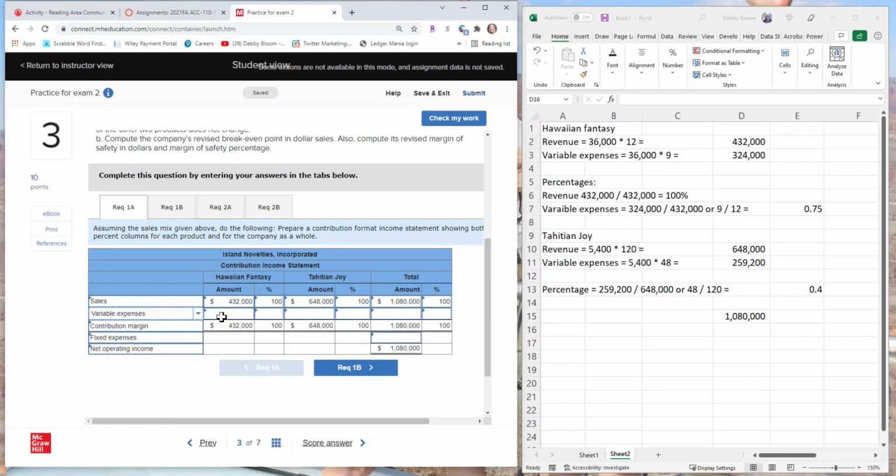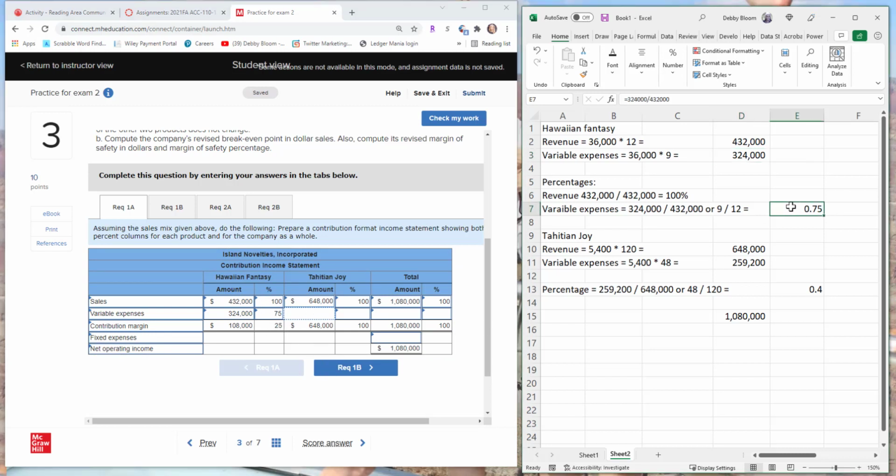Now I'm going to put in my variable expenses. So for Hawaiian Fantasy, my variable expenses were 324,000. Notice how the computer calculates the contribution margin automatically. And my variable expenses were 0.75, so 75% of the sales.